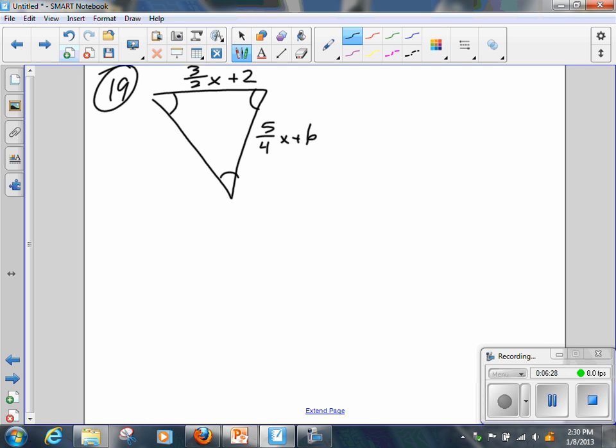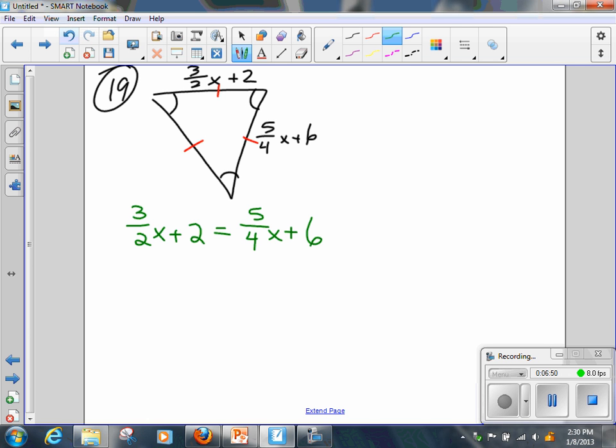All the angles are equal. What do you know about all the sides? They're equal. So what do I do? I can mark up the sides. You're right. And that allows me to be able to do what? Set them equal to each other. 3/2 x plus 2 equals 5/4 x plus 6.